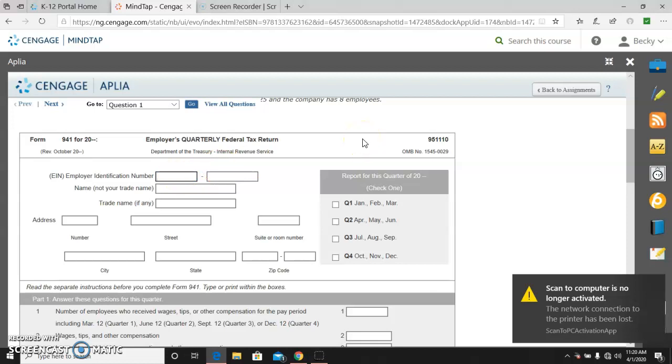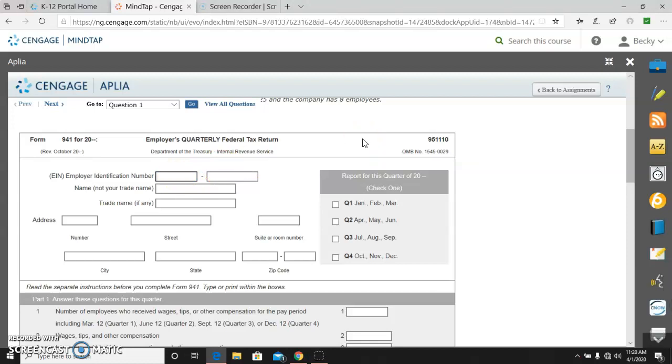Starting with the employer identification number, that is 70-841-8625. The name is Concept Designs.